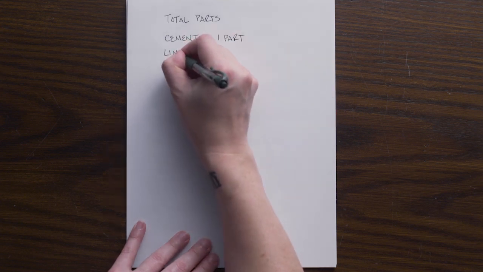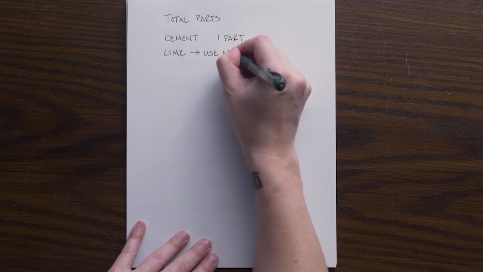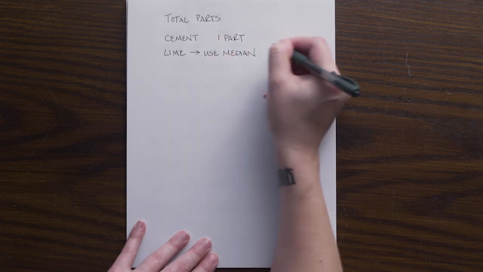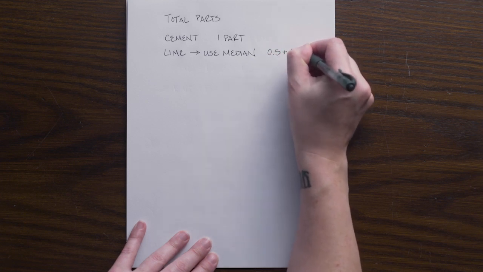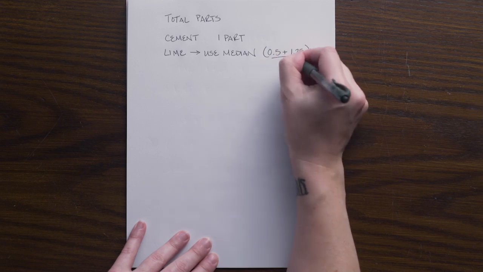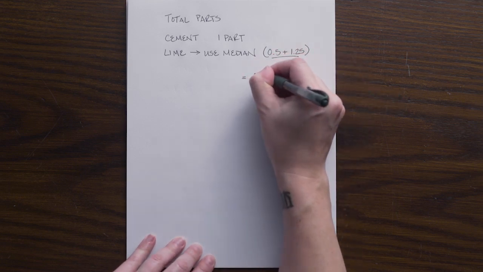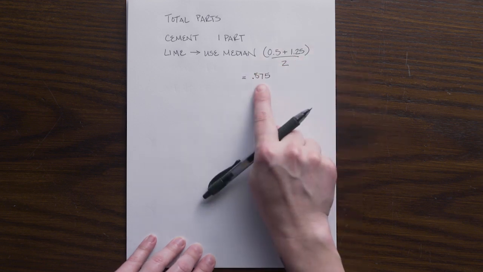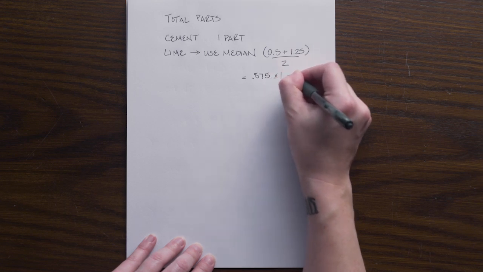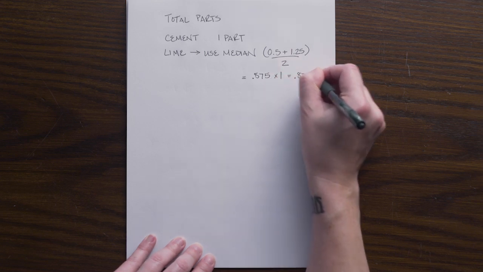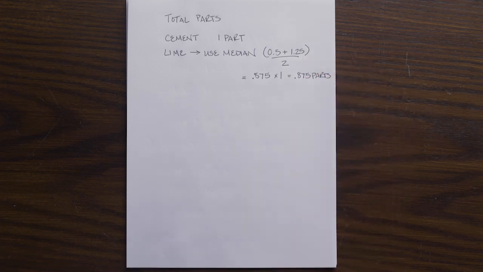Our lime, as it told us, we needed to use the median value. So if our range is 0.5 to 1.25, if we divide that by 2 to find the average, we see that it is 0.875. If we multiply that value times our 1 part of cement, we have 0.875 parts for our lime.